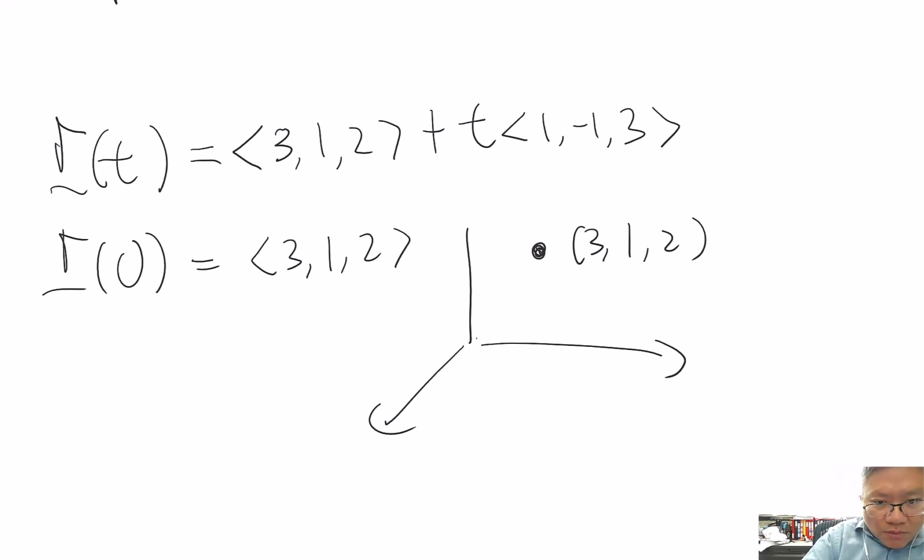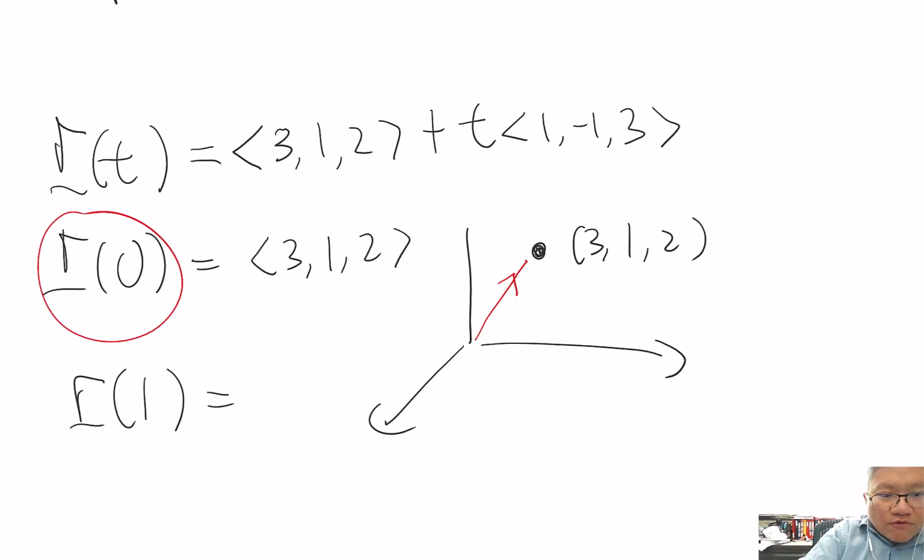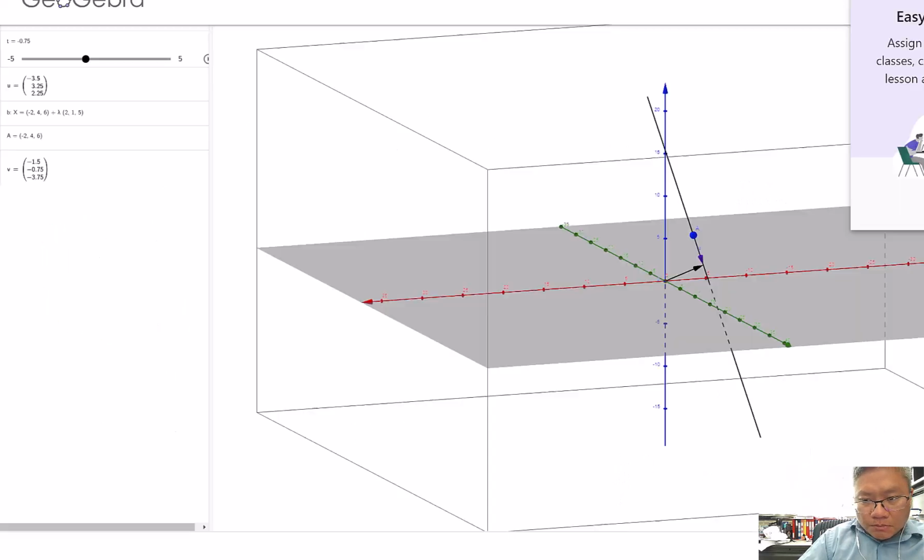It represents a position vector pointing from the origin to this point. That is what happens at r(0). And if you put in r(1), then you will get a different vector, and so on and so forth. If you trace all of this out, the points given by those position vectors, you will get the equation of a line. Let me show you a picture here.